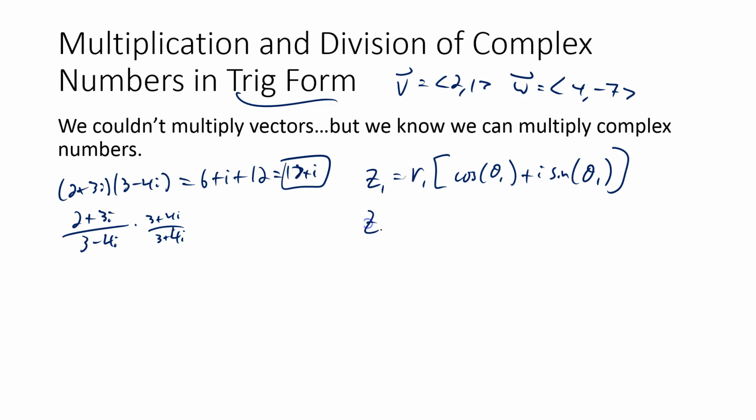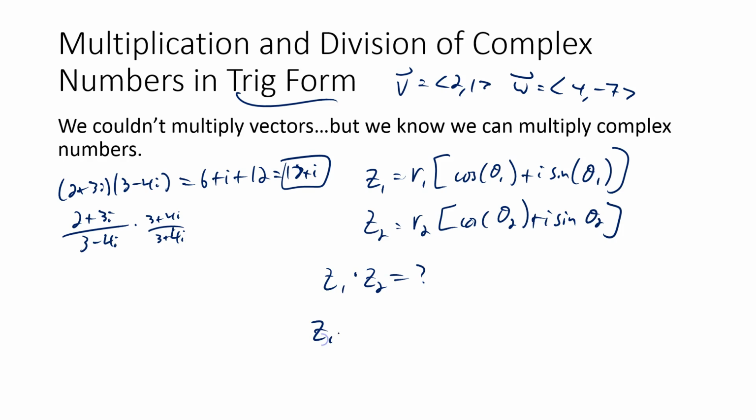And then z2 is r2 times cosine of theta 2 plus i sine of theta 2. And the question is, what is z1 times z2? And what is z1 divided by z2?